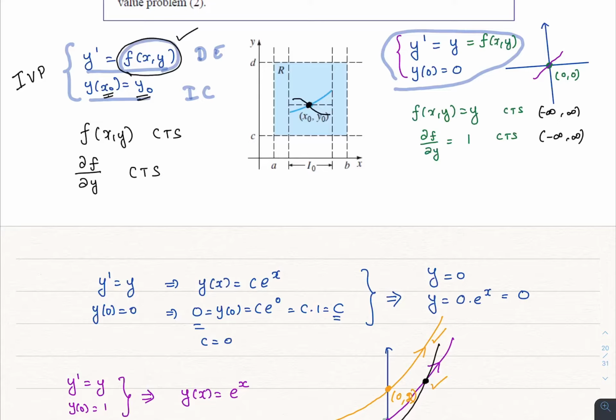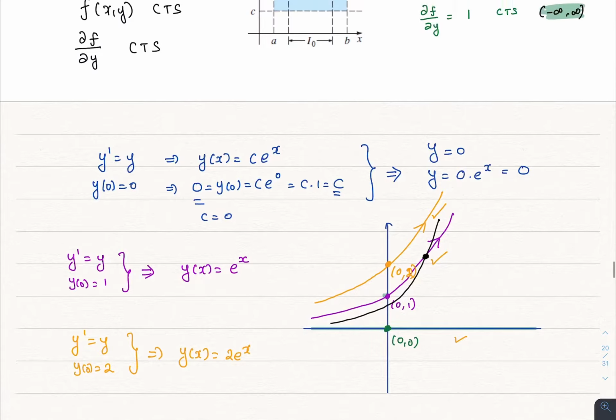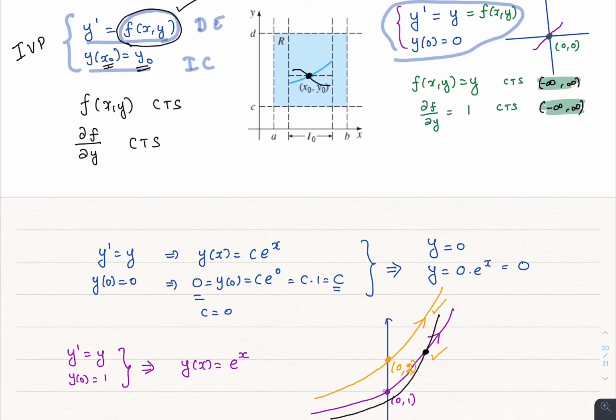So for this particular problem, you're going to have a unique solution on the entire real line. If you have a solution there, the solution will never intersect with anything else because of the nature of the functions that we have, right?